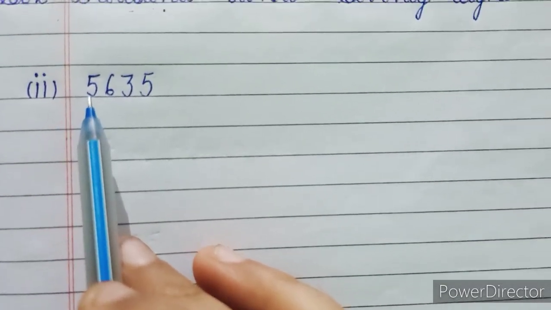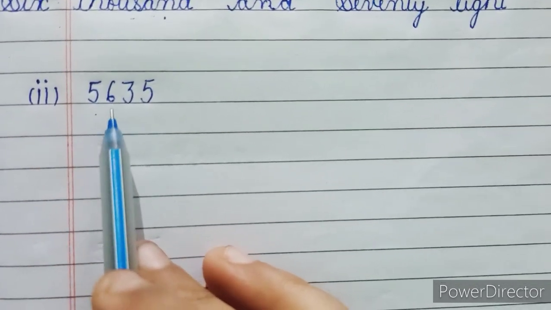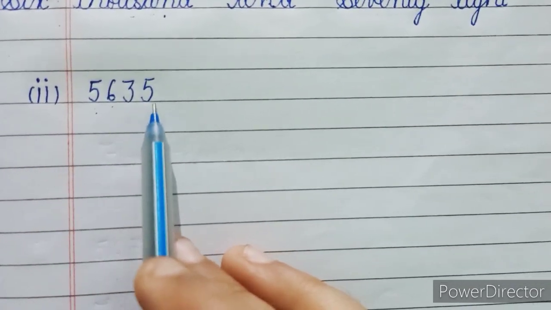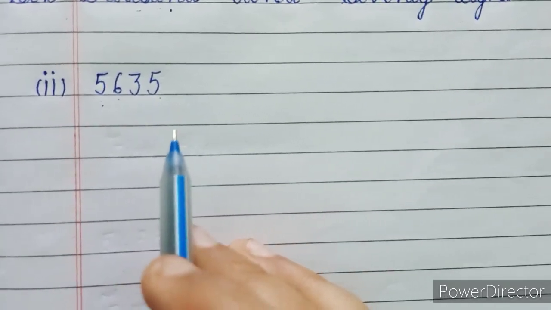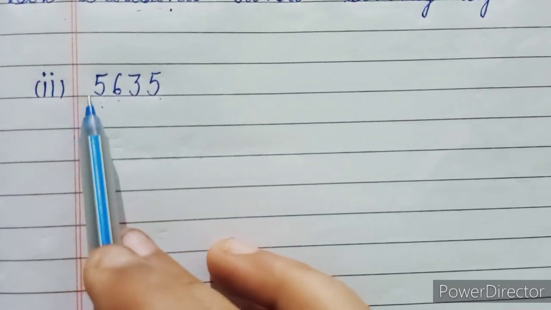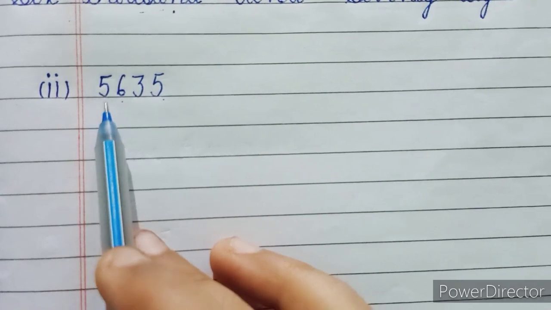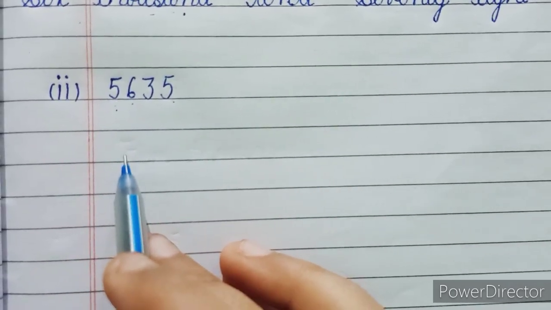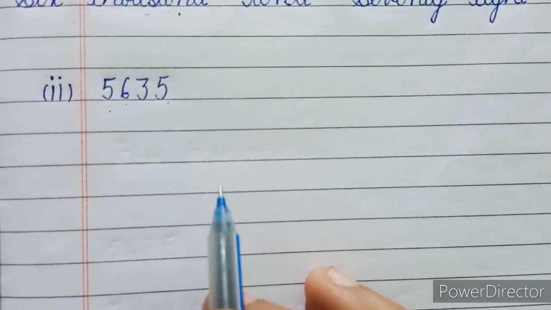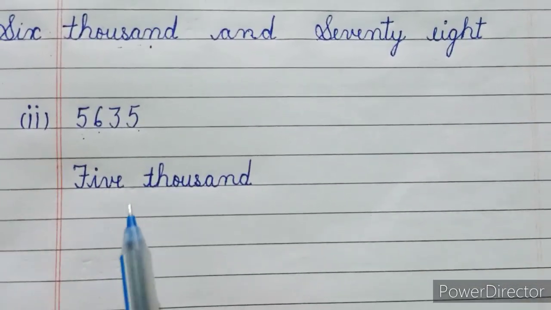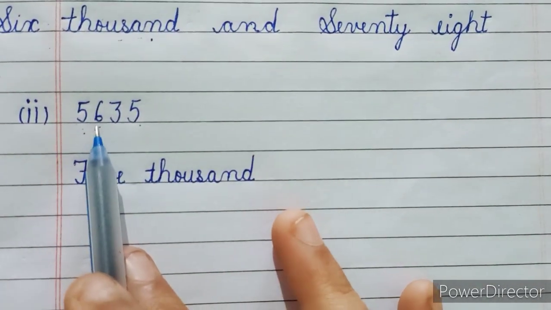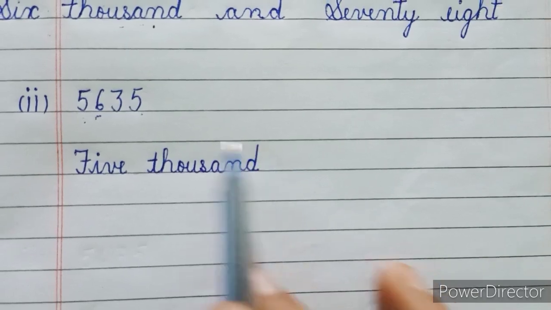Now look, the second one. Written here is 5,635. Okay? So children, tell me, in which place is 5,000? So we have to write here 5,000. In which place is 600?